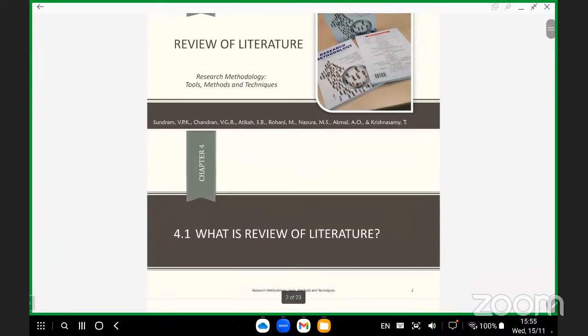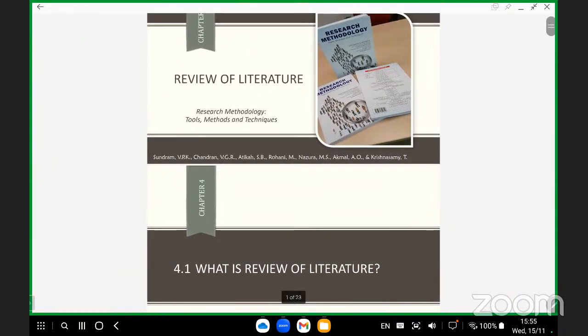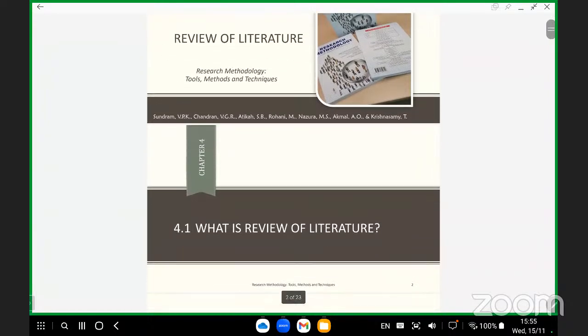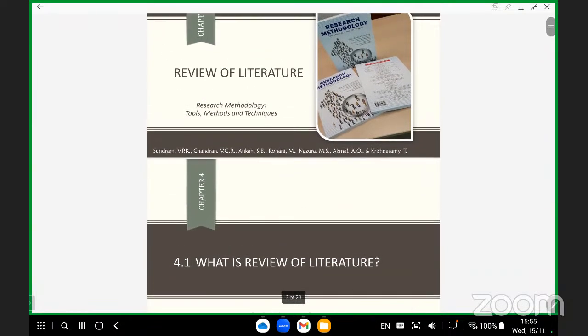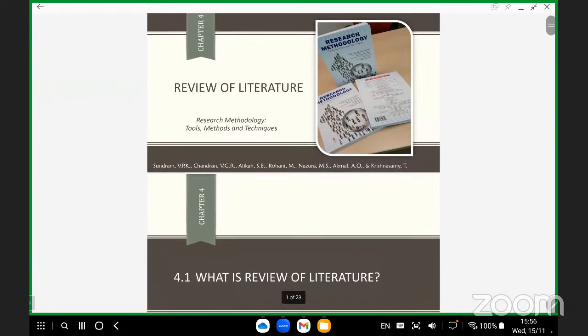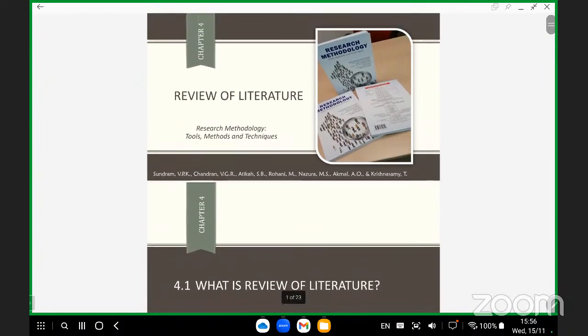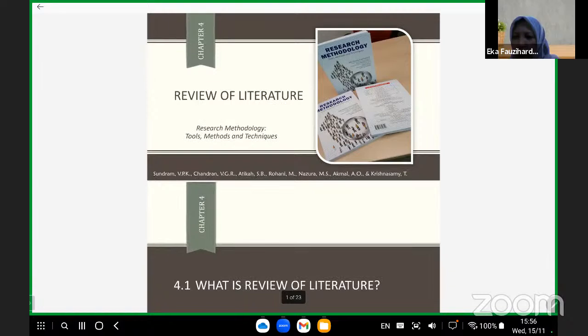Okay. Ada apa-apa soalan tak tentang the adoption of theory on to make it into your research framework tadi? Senang difahami tak? Atau masih perlu mahasiswa semua further explanation?